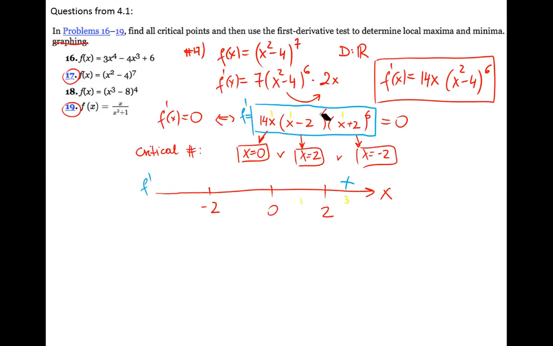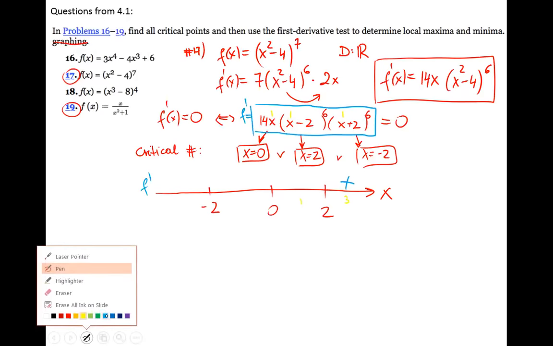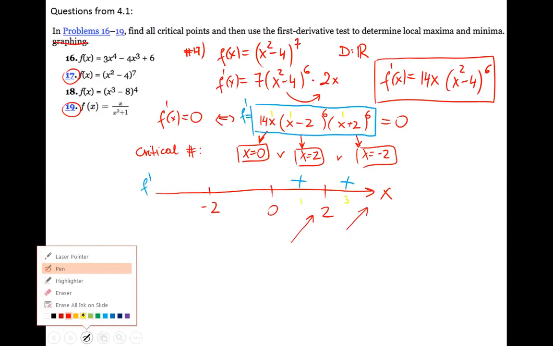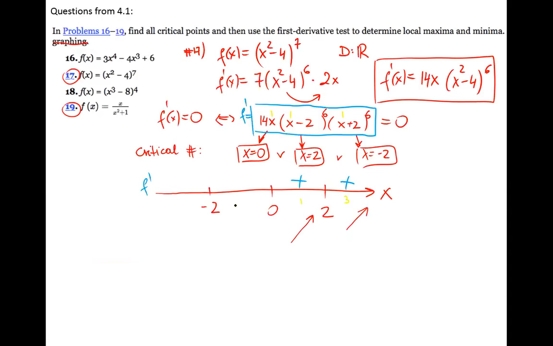Taking a value to an even power is always positive, right? That means this is positive and this is also positive. 14 times 1 is also positive. That means I do have positive. Can you see? At 2, the first derivative is not changing sign. I will draw it later, but the function is increasing and then again increasing. Yeah, we do not have a local extreme value there.